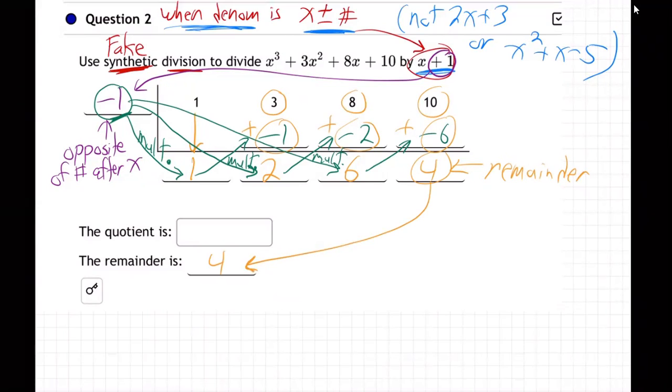And the answer, notice how the original problem started with x to the 3rd power. You start 1 lower. So this will be x squared, x to the first.